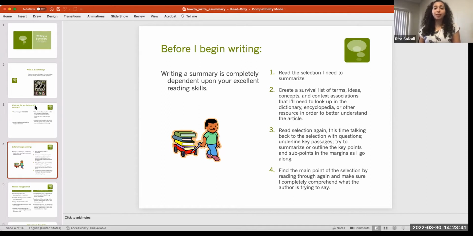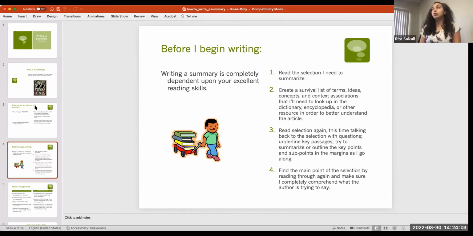So one thing before you actually write the full summary, you can read the section you need to summarize. You need to create a survival list of terms, ideas, concepts, and context associations that you'll need to look up in the dictionary, encyclopedia, or any other resources to better understand the article.